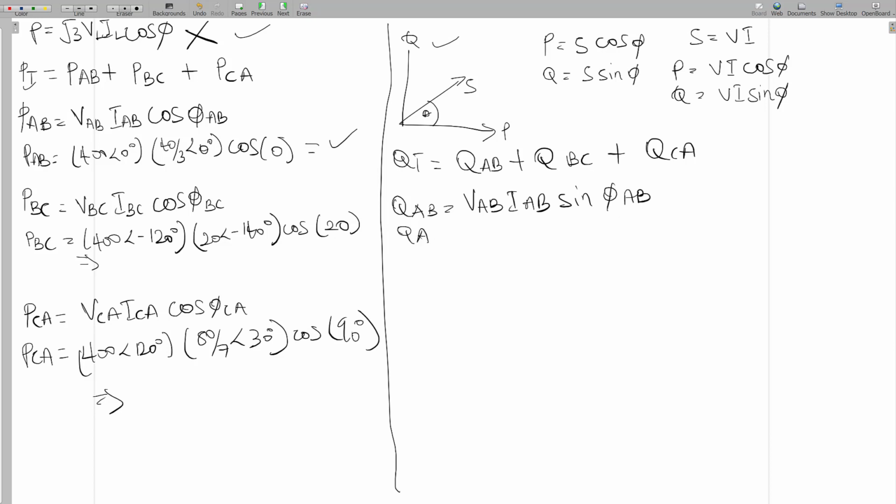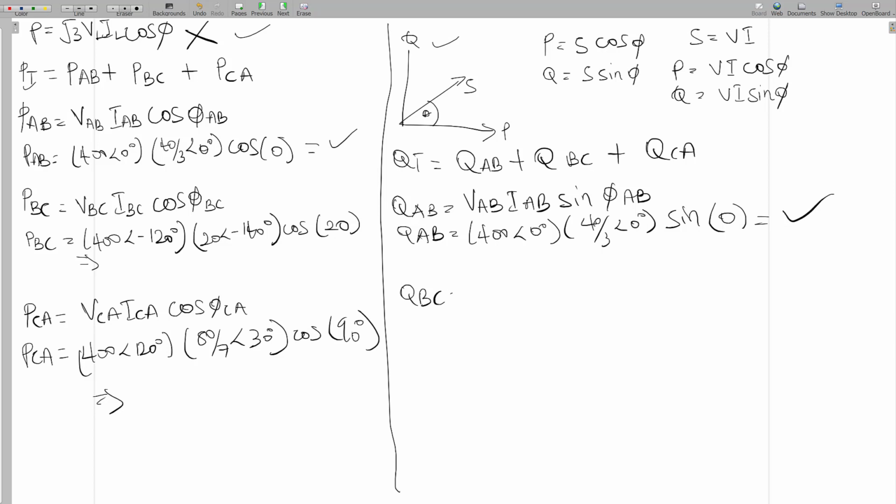So QAB, VAB, we had 400 angle 0 degrees, IAB 40/3 angle 0 degrees, sine the angle between the voltage and the current. So here is 0, here is 0, so the difference is 0. When you compute this, you should get QAB.